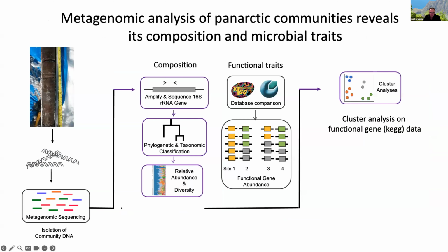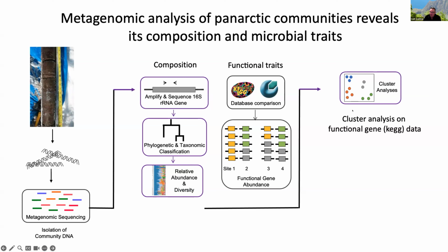Then we could pull DNA out of our soil cores, and using metagenomics, we can look at the 16S ribosomal RNA gene, which tells us something about the taxonomic composition of these microorganisms, where we can look at the relative abundance of various phyla as well as their diversity. We can also look at the functional traits of microorganisms using the KEGG database, and these are the functional genes that should be coding for particular proteins that carry out processes within soils.